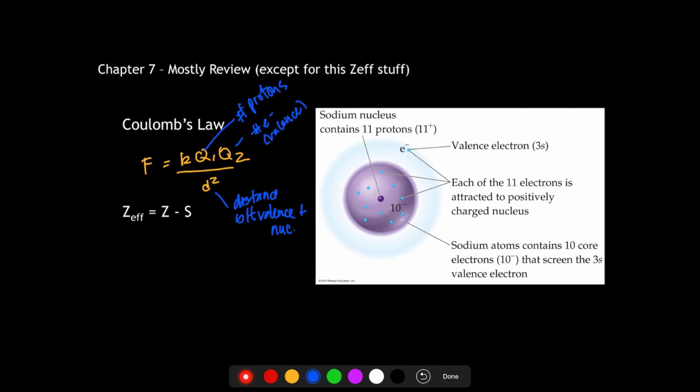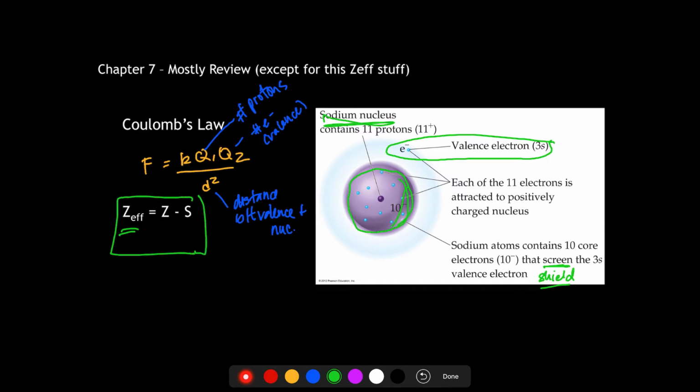Then that brings us to Z effective as our new term. What's Z effective again? That's the amount of attraction to the nucleus that our electrons actually feel, most often discussed in terms of valence electrons. So here we have our sodium nucleus, with my 3s valence electron way out here, and we have all of these core electrons on the inside. Since the core electrons are closer to the nucleus, and the outermost shell is by definition the furthest away, these core electrons screen or shield, either word is good, the valence electron, meaning that they feel more of the pull of the nucleus than that valence electron, which is what Z effective gets into.